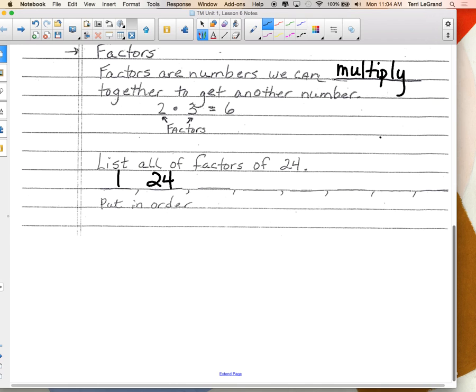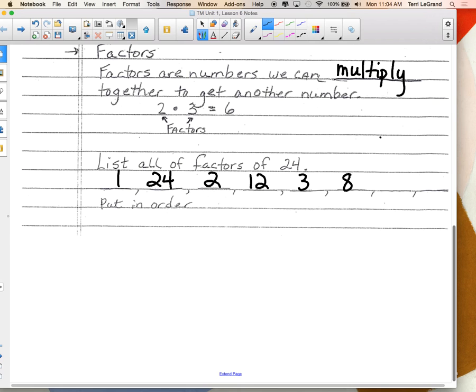How many times? 12. So 2 times 12 is 24. So now we'll jump up to 3. Does 3 go into 24? Yes. So 3 is a factor. 3 times what is 24? 8. So 8 is a factor.